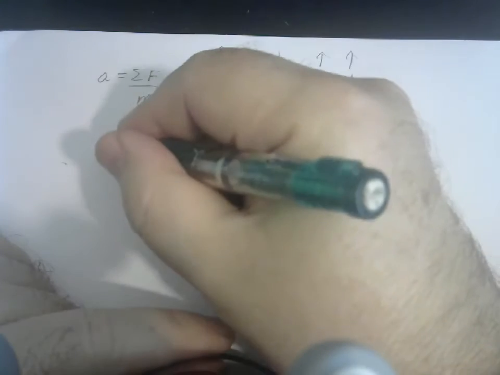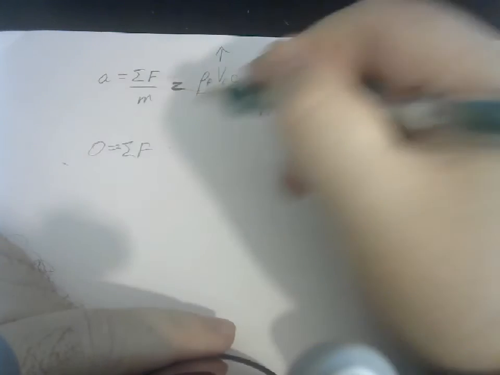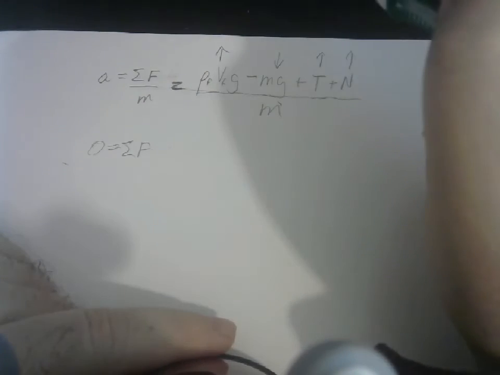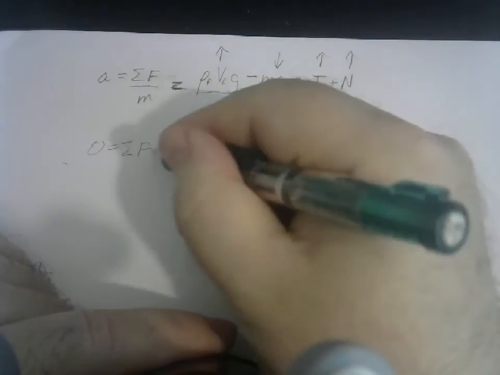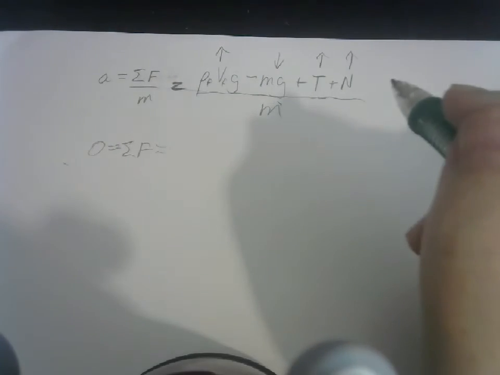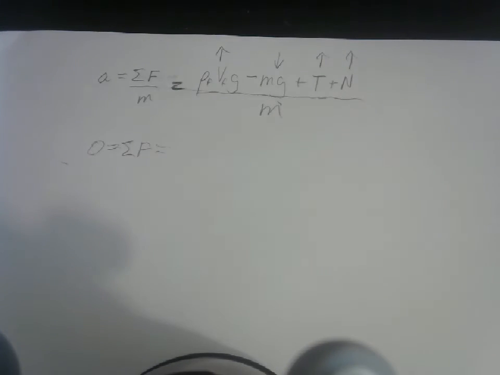If the acceleration is 0, then you can leave the mass out of the equation and just have this top part. And that is an equilibrium condition. In equilibrium, the object would be either stationary or moving at constant velocity.